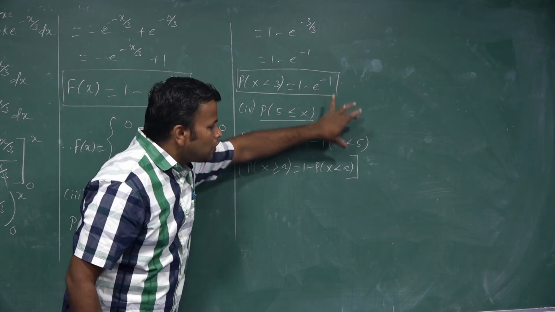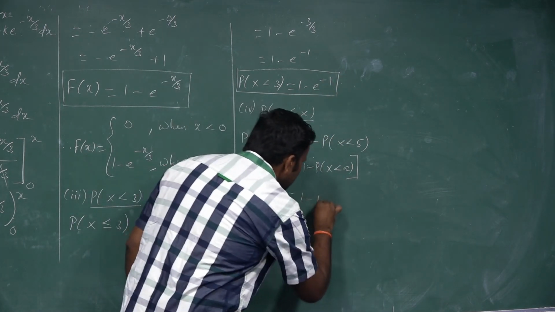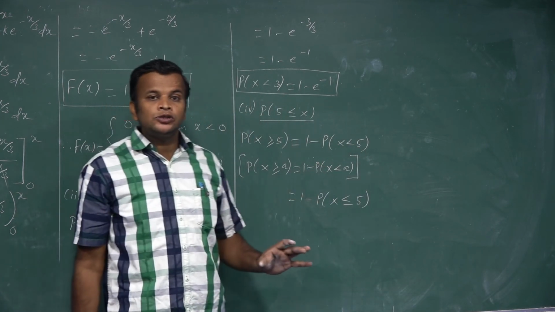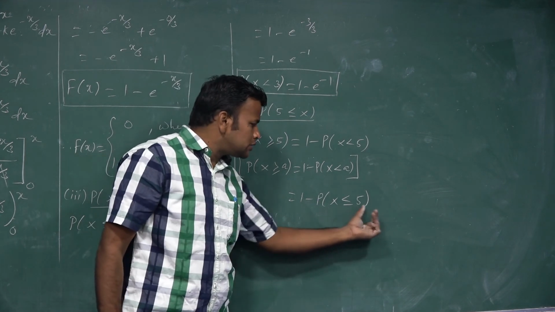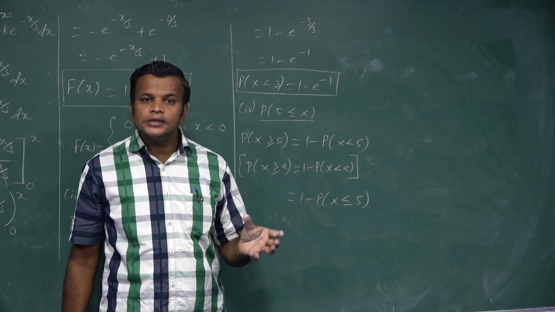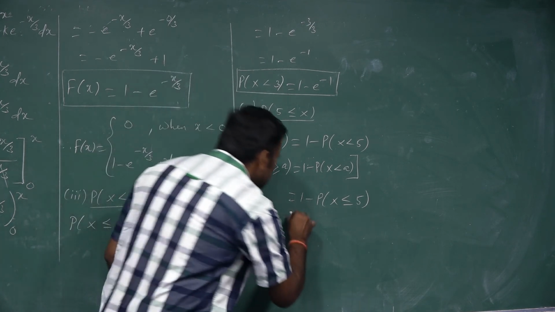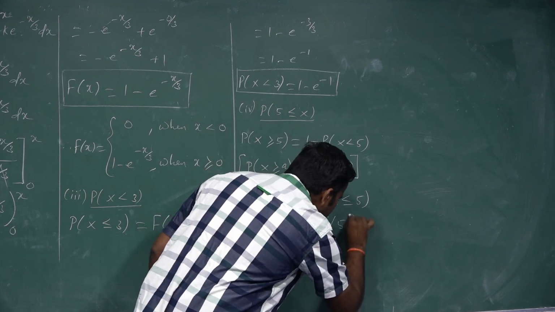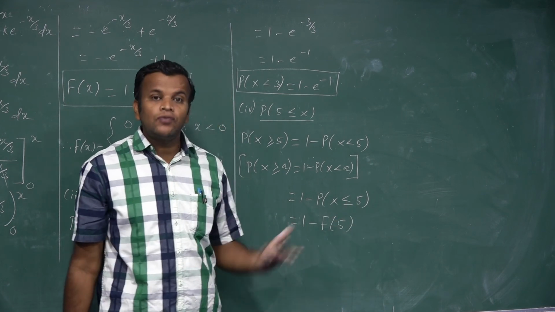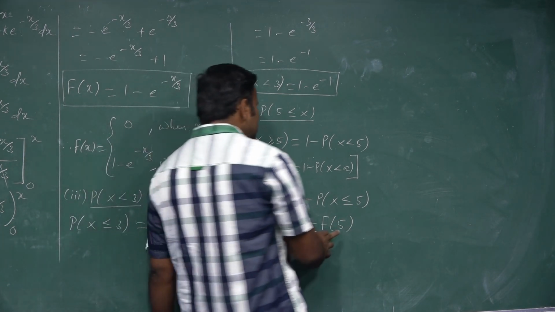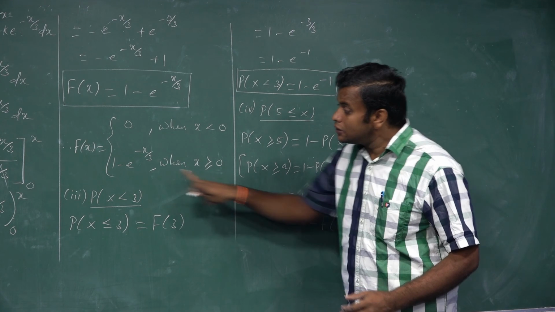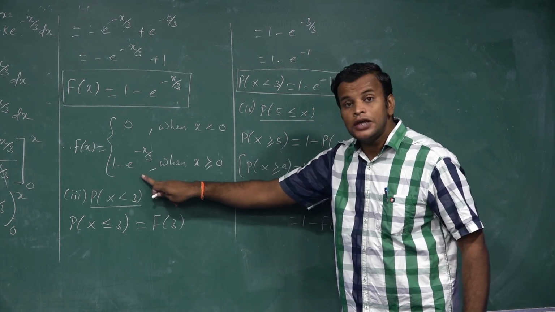For your understanding of the formula, I write this less than as less than or equal, because x follows a continuous distribution. We already have the formula of capital F of x, P of capital X less than or equal to small x. So 1 minus, now I write it as F of 5, P of x less than or equal to 5. What is the value of F of 5? The number 5 is greater than 0. When x is greater than 0, F of x is defined as 1 minus e power minus x by 3.